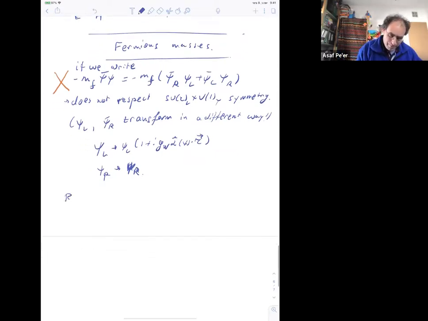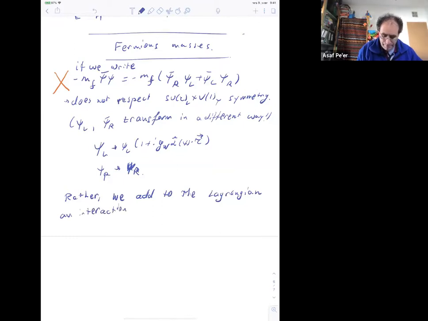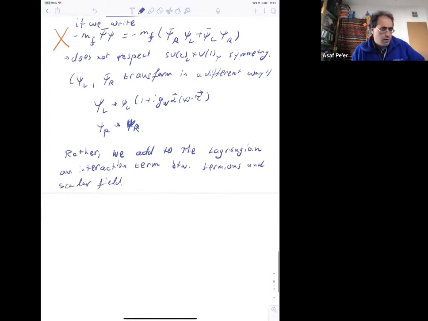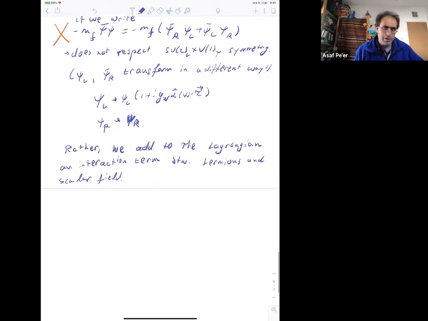So we add to the Lagrangian an interaction term between the fermions and the scalar field, such that it is gauge invariant.